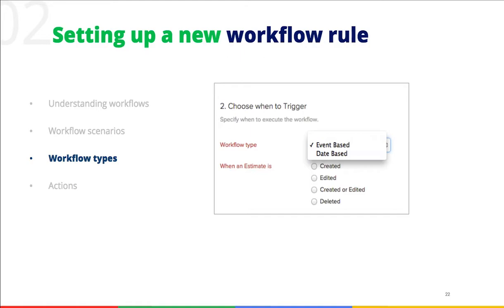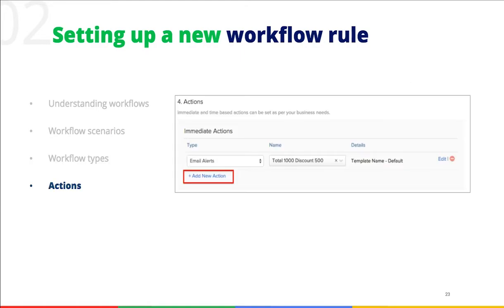If you want an action to be triggered by an event, a good example would be an invoice being paid and an SMS being triggered to your phone. You can always set that. Or if you want to trigger it by a specific date, again you have the flexibility to choose that. And finally, these are the different actions that will be triggered by the workflows that we have discussed.